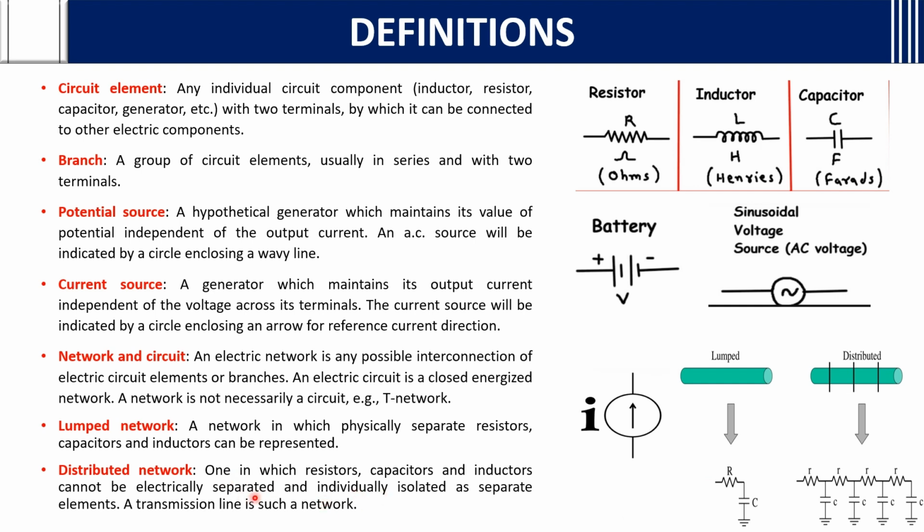A distributed network is one in which resistor, capacitor, and inductors cannot be electrically separated and individually isolated as separate elements. A transmission line is such a network. See, it is distributed RC. We can't separately and individually isolate like this. This is lumped. If you can isolate, then it's lumped. If it cannot be isolated, then it is distributed.